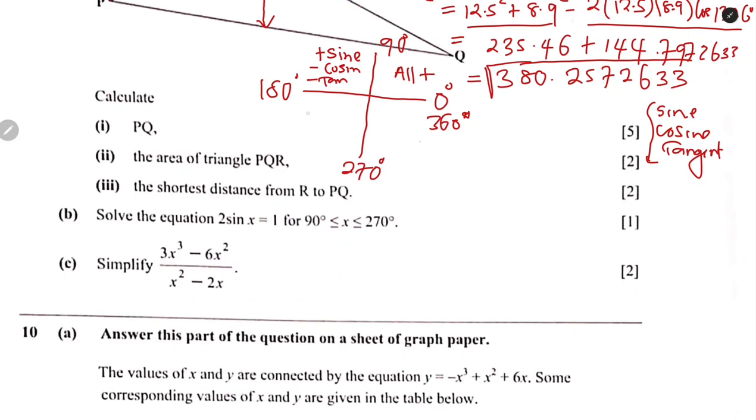In the third quadrant, only tan is positive, which means sine and cosine are negative. In the fourth quadrant, only cosine is positive, sine is negative, and of course tan is negative.